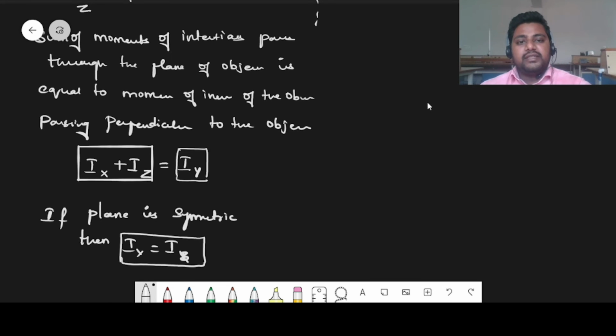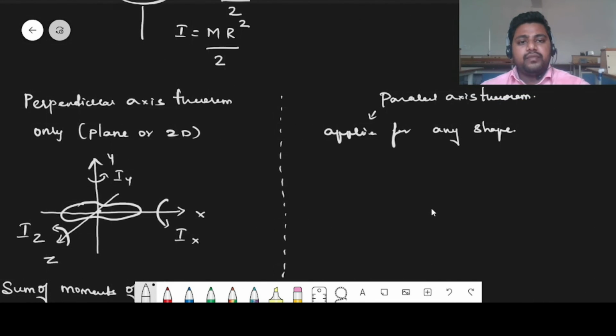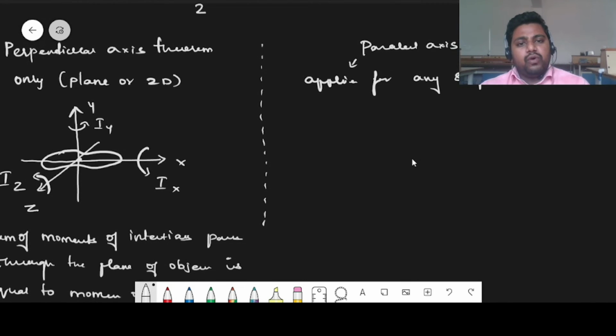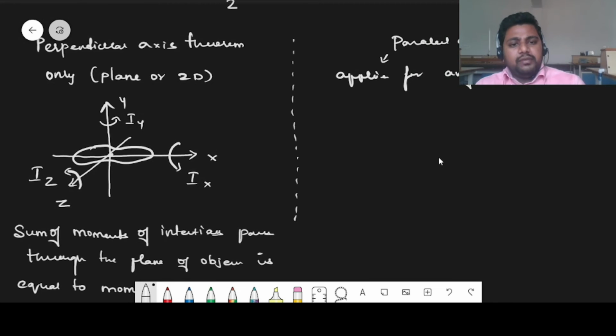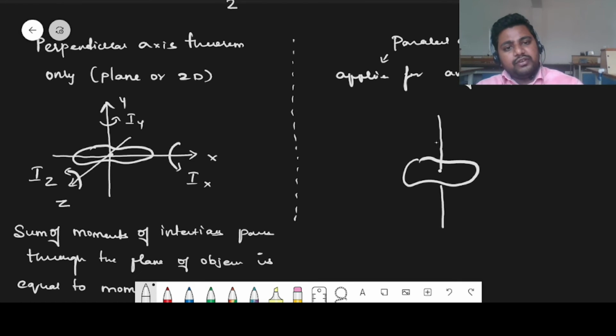Next, in case of the parallel axis theorem, what it explains is that it can be applied for any shape. According to this, let's say there is a particular shape, and this is the axis which is passing through the center of mass. This has a moment of inertia, which I am writing as I center of mass.